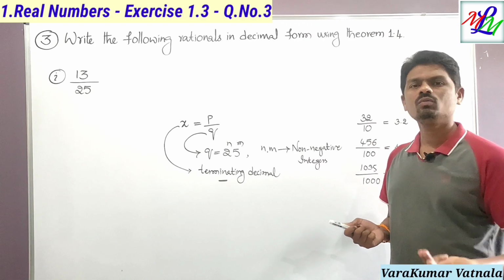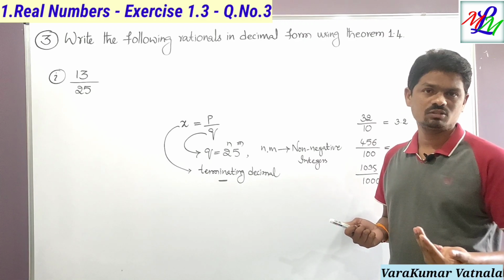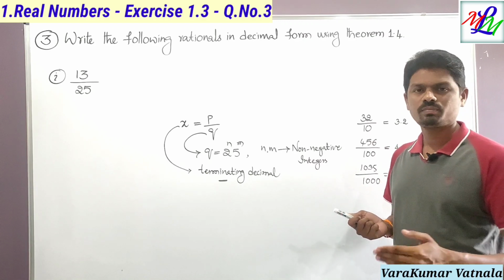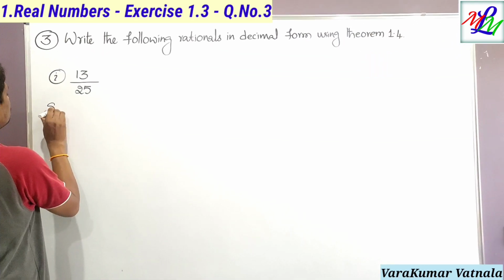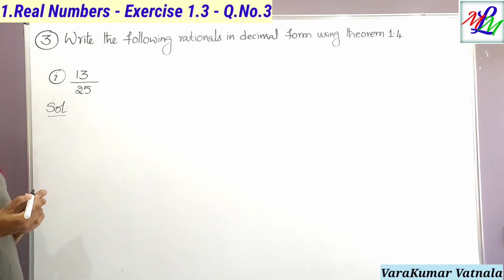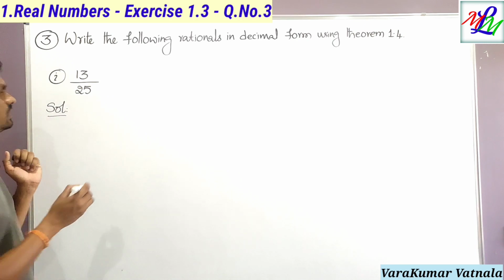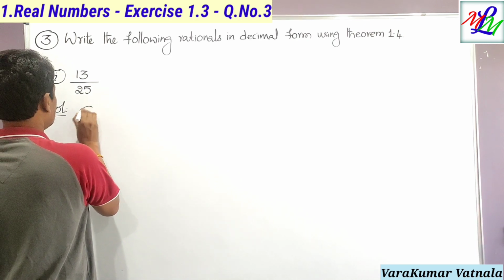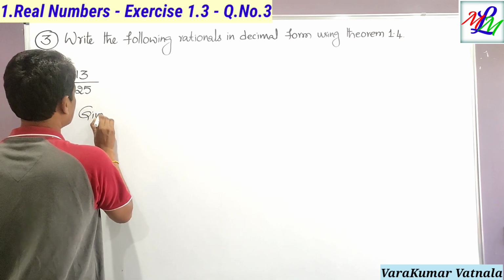Now how can we write the given rationals in decimal form using theorem 1.4? This is the first bit in the third problem: 13 by 25 is given.